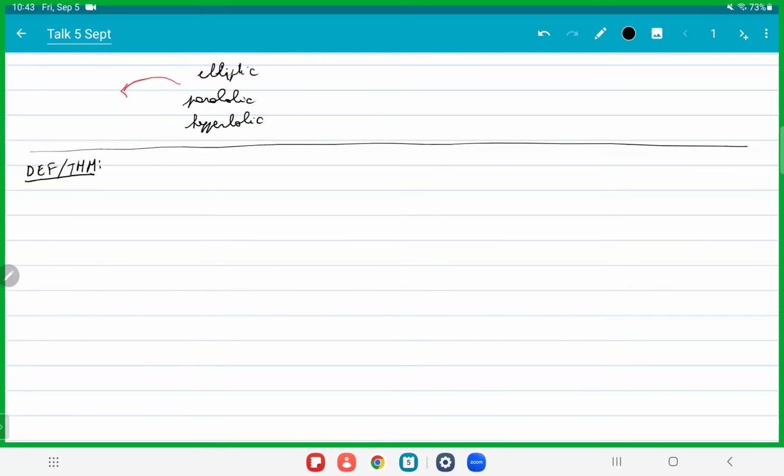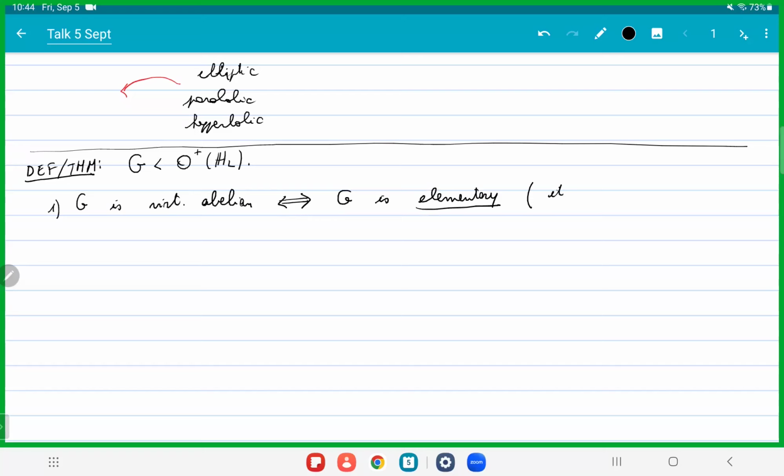If we have any subgroup G of isometries of hyperbolic space, then the first thing is that G is virtually abelian if and only if G is elementary, which means that it has a finite orbit in hyperbolic space.